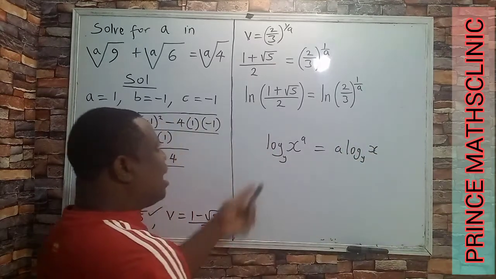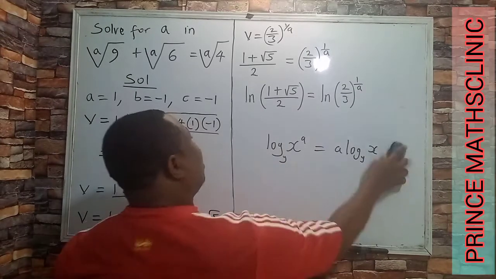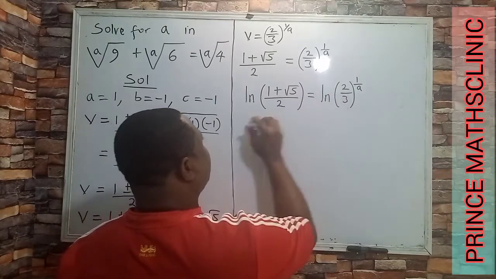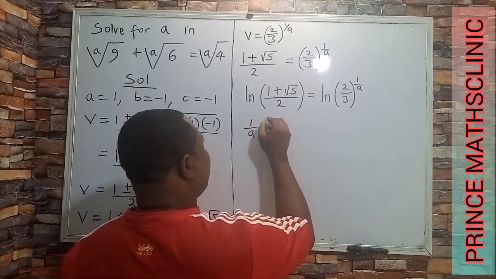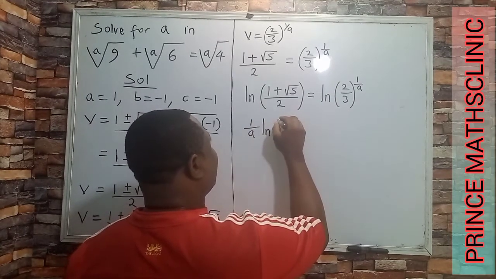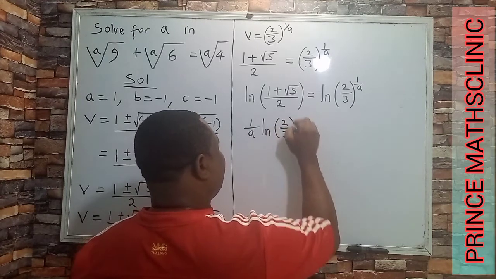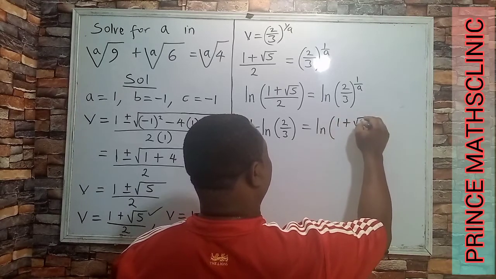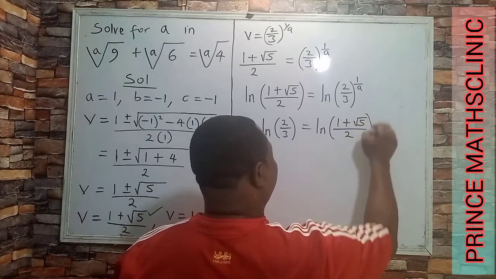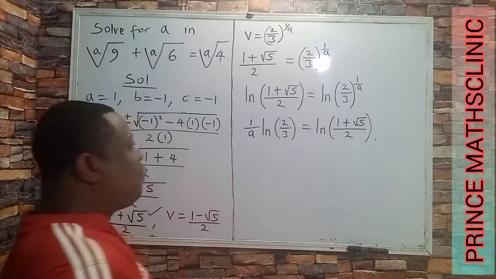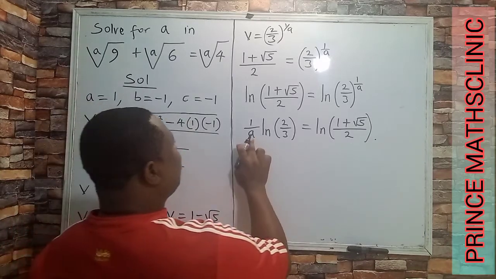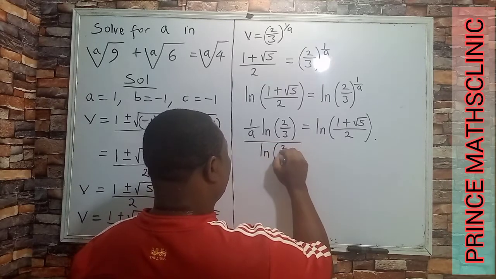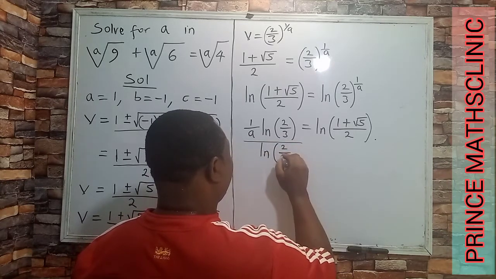So I'm going to apply that here. So therefore, I will have 1 over a ln 2 over 3 equals ln 1 plus root 5 over 2.